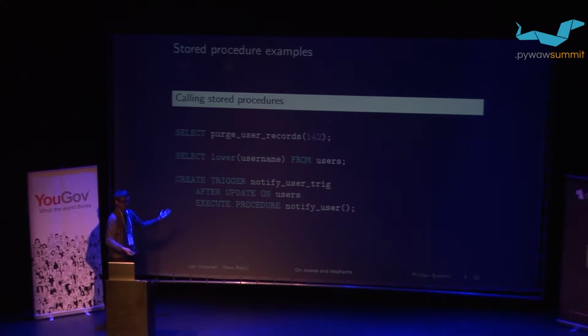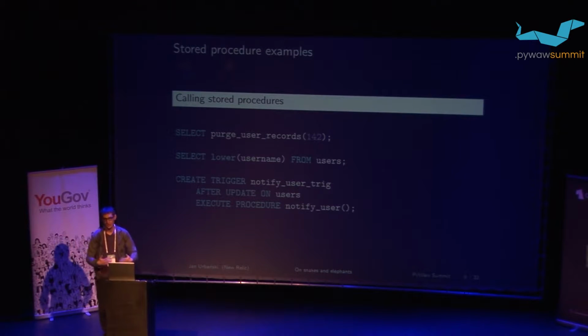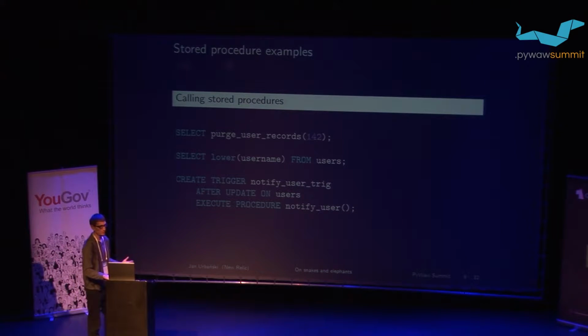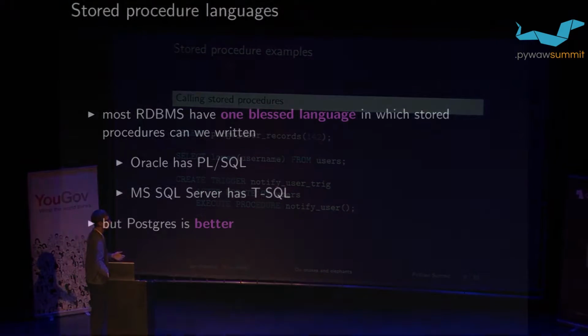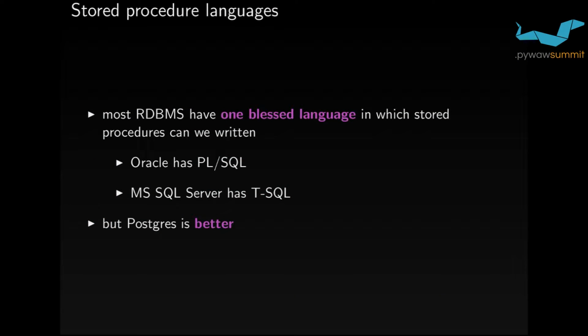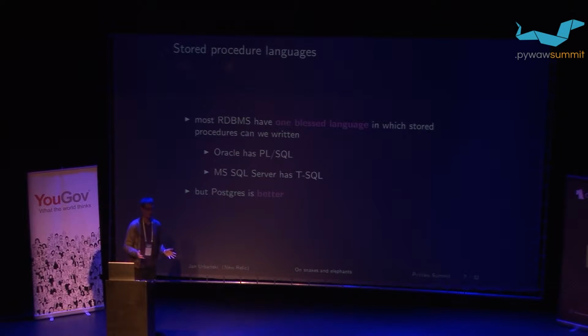And triggers, that most of you know how they work, triggers are typically stored procedures, because a trigger is a procedure that runs when something happens. It's not really purely SQL. And so most relational database management systems have a blessed language that you use to write your procedures.